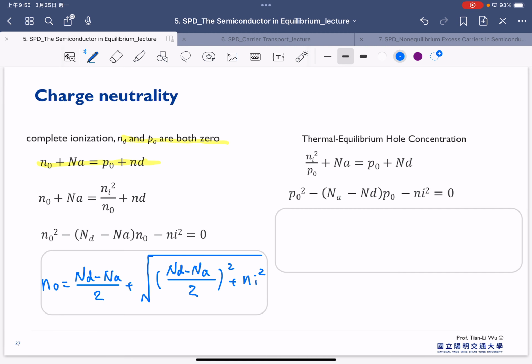So that's an analytical equation to calculate n0.